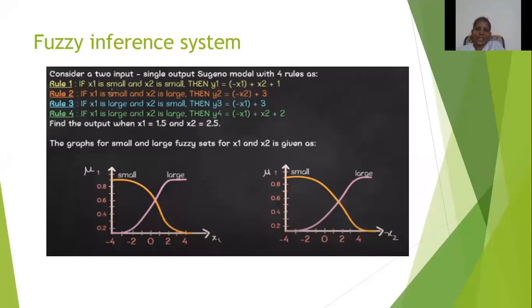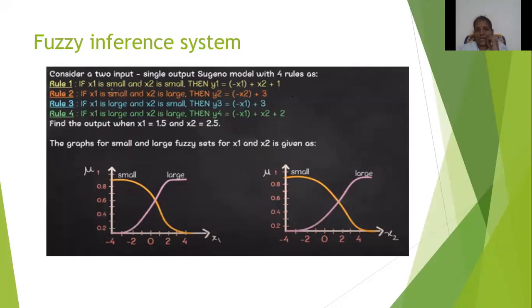Okay, here you are given with 2 inputs and 1 output with 4 rules. So here, first rule, if x1 is small and x2 is small, then y1 is equal to minus x1 plus x2 plus 1. Similarly, rule 2. If x1 is small and x2 is large, then y2 is equal to minus x2 plus 3. Rule 3.